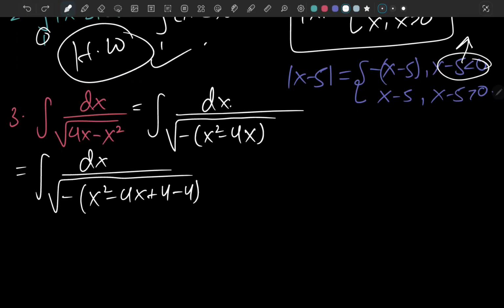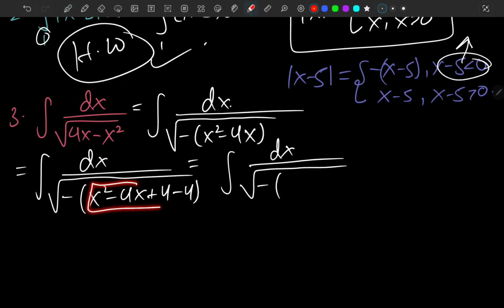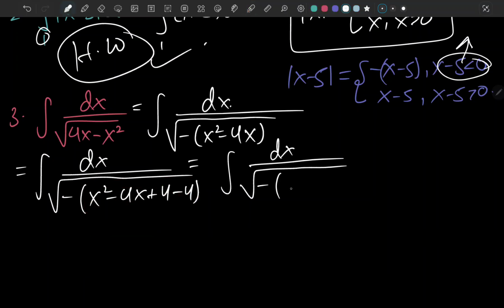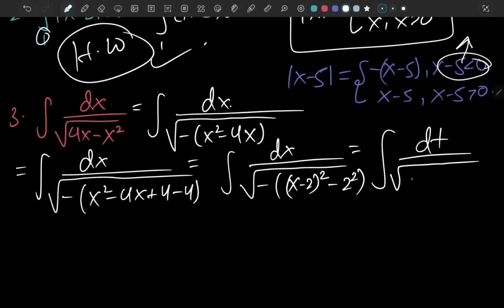Why did I do that? To make it a perfect square, right? So if you look closely, these three terms combine to form (x minus 2) whole squared, and this is 2 squared. So we write: (x minus 2) whole squared minus 2 squared, and multiplying by the negative sign that we took out earlier, that gives 2 squared minus (x minus 2) whole squared.